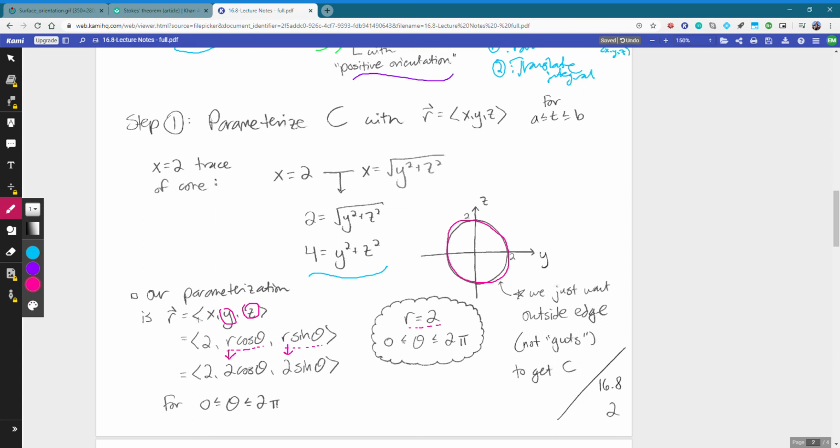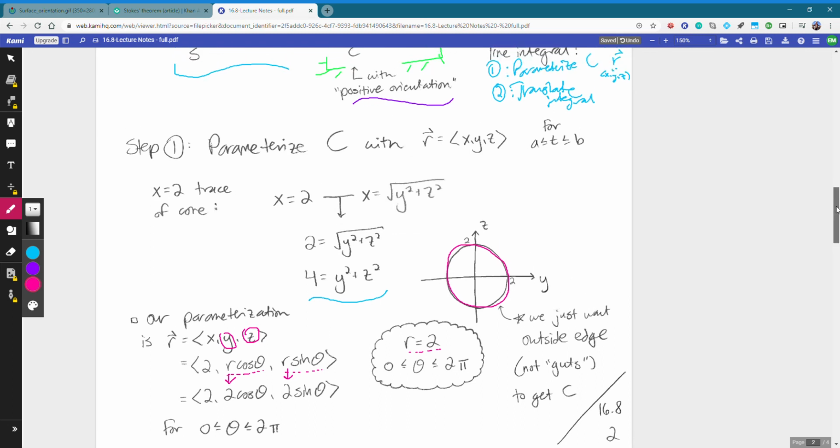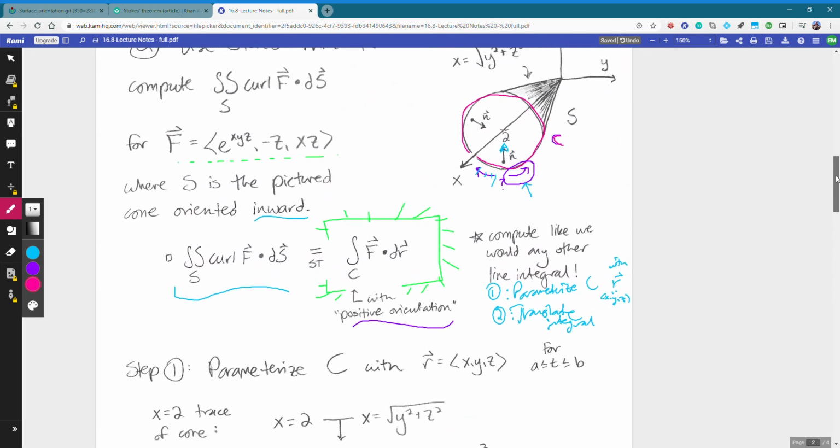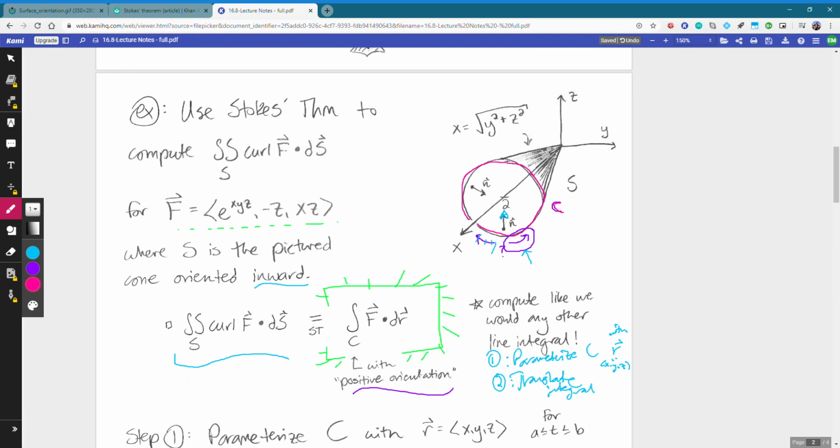What about x? Well, where does that come from? That comes geometrically from our picture up here. Our curve here lives entirely in the plane x equals 2. That's where this curve came from. It came from cutting our ice cream cone at x equals 2. Or in other words, every single point of our curve here has its x-coordinate 2.